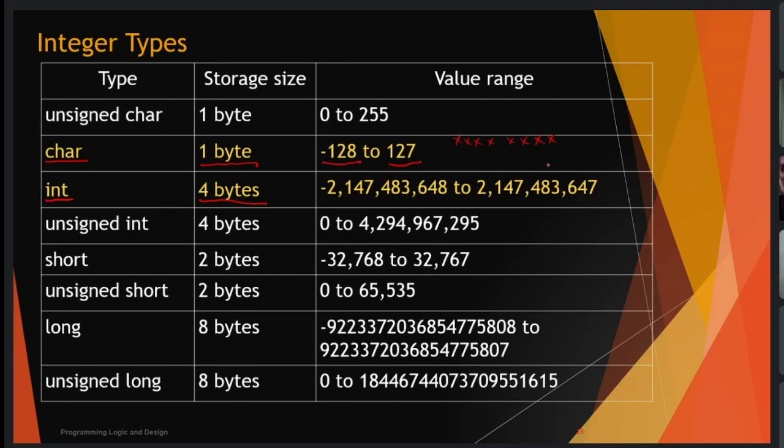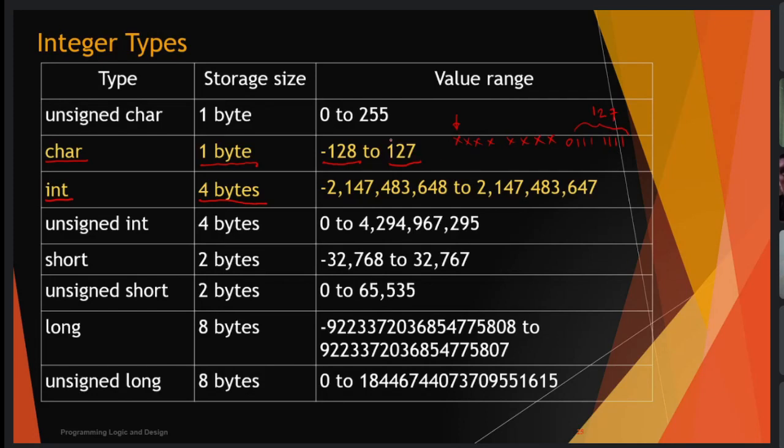Okay? And we know that a number when represented inside the computer, what is that? The most significant bit will serve as your sign bit. It is one way to identify if the number is positive or negative. Okay? So if that is 0 and the rest of the bits are 1, okay? If you convert this into decimal, it will give you 127.